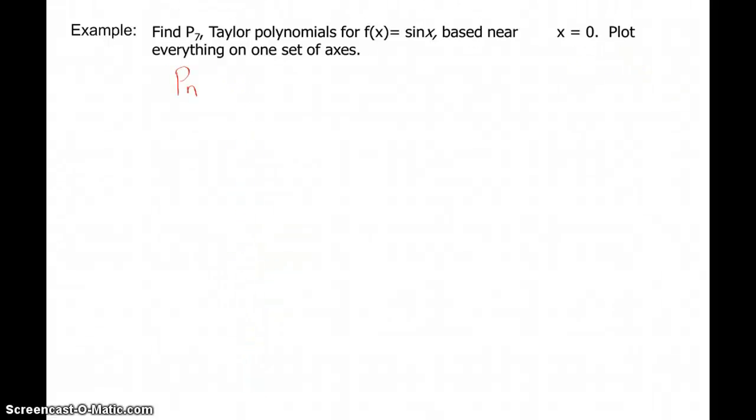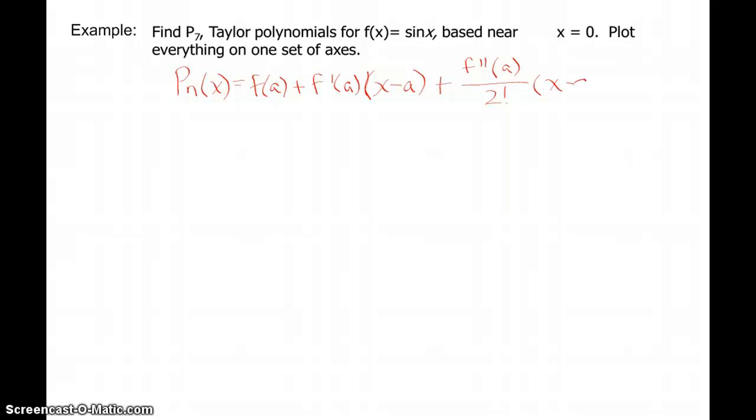We have p sub n of x is f of a plus f prime at a times x minus a plus the second derivative at a over 2 factorial, but it's easier just to keep up with the factorials, plus the third derivative at a over 3 factorial times x minus a cubed, plus the fourth derivative evaluated at a over 4 factorial. See how easy it is to keep up with this formula?